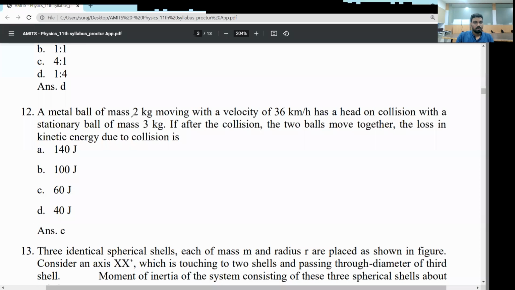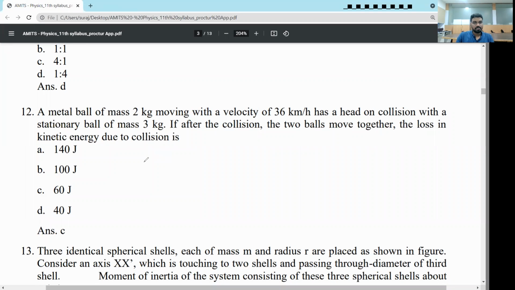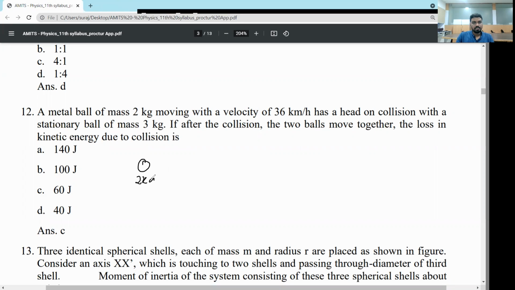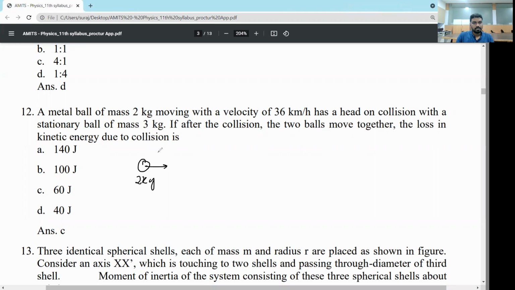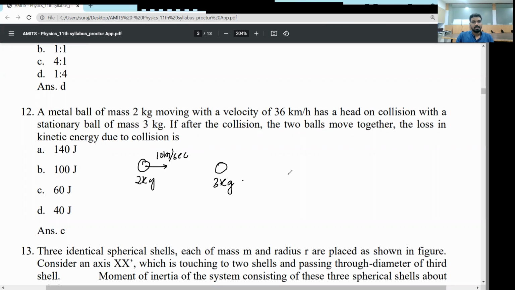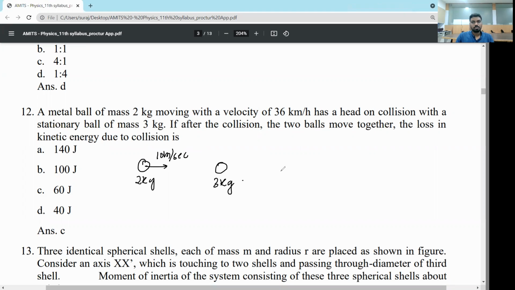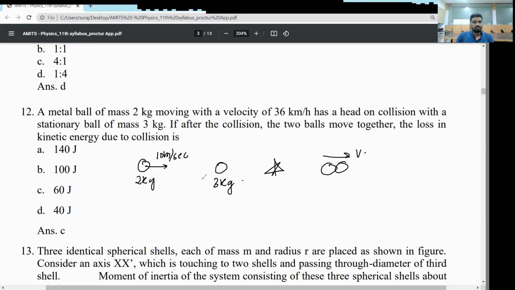So there is a ball of 2 kg, 36 km/h means 10 meter per second. Head on, the stationary mass is 3 kg. If after the collision the two balls move together, what kind of collision is this? Perfectly inelastic collision, same velocity. Momentum is conserved.